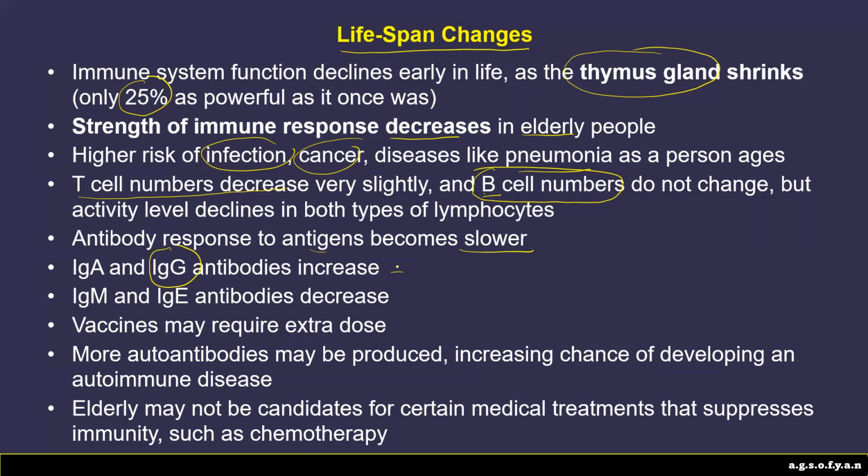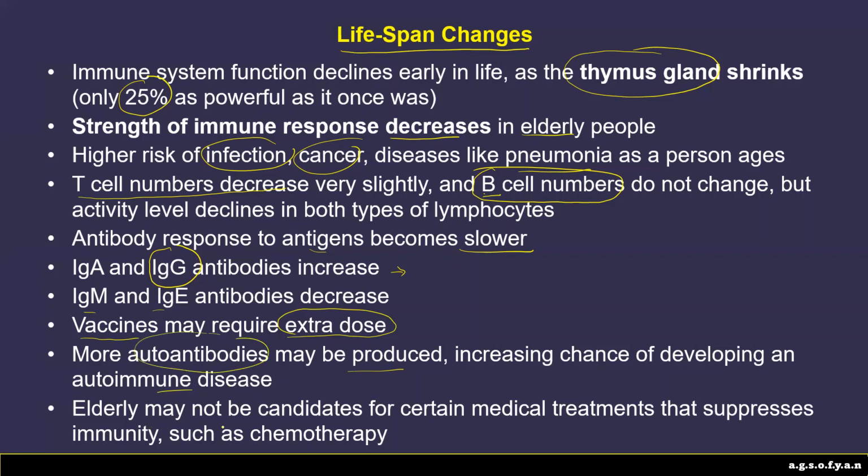So that's the reason why older people might have higher risk of getting autoimmune disease, because IgG is the one that causes type 3 hypersensitivity. The IgM and IgE usually decrease in number. Vaccines might require an extra dose for older people, and more autoantibodies may be produced, okay, causing the autoimmune disease.